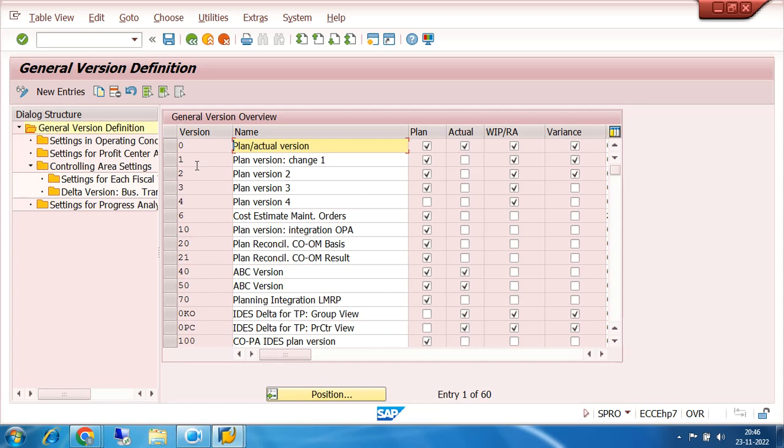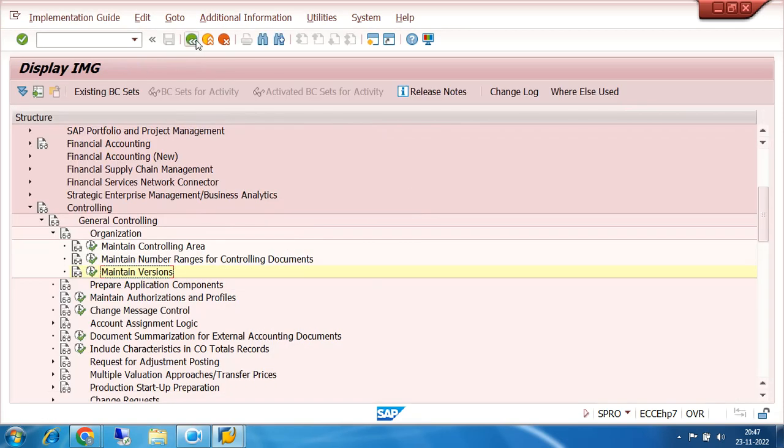Version 0 is the plan or actual version. Normally one version is used, that is version 0, which is system defined. But later on we can add more and more planning figures, because in SAP controlling always everything is planned and actual is compared with the plan and variance is found out. So these are the basic things I have discussed.